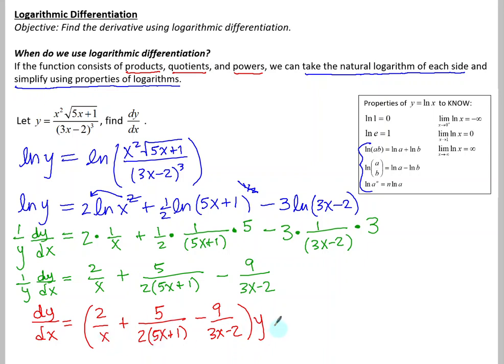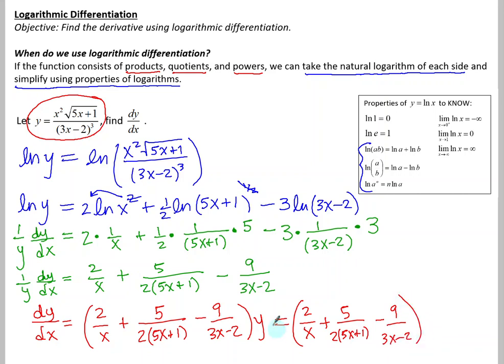Now, this is an acceptable answer, but we can even do better than that because remember, they expressed to us what y is in terms of x at the beginning. So let's rewrite what dy/dx is, all in terms of x. 2 over x plus 5 over 2 times 5x plus 1 minus 9 over 3x minus 2.